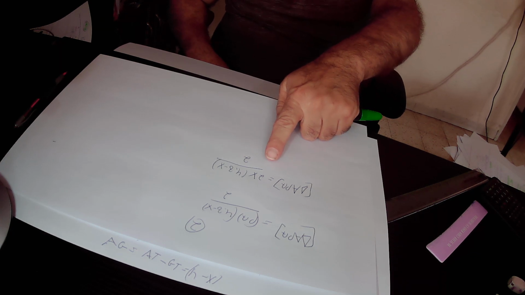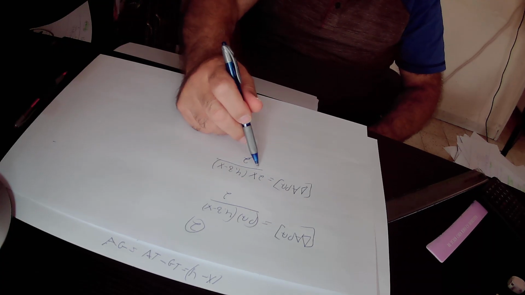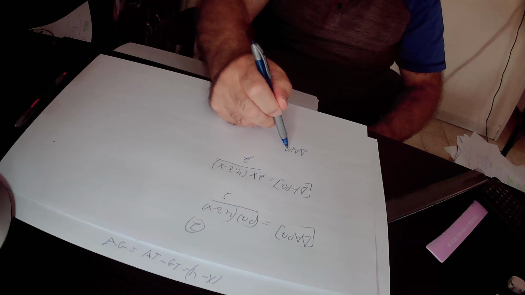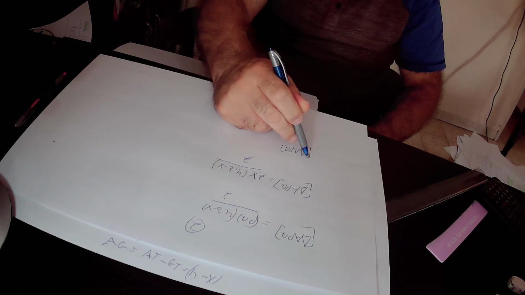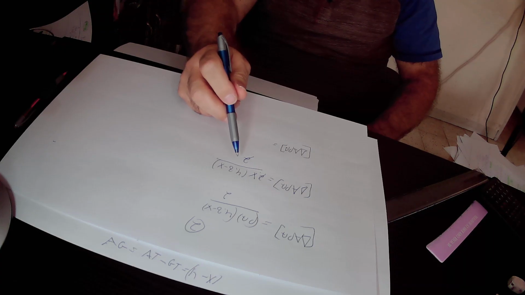We have 2 in the numerator and 2 in the denominator, so the 2 gets cancelled, and we are left with only x times 4.8 minus x.